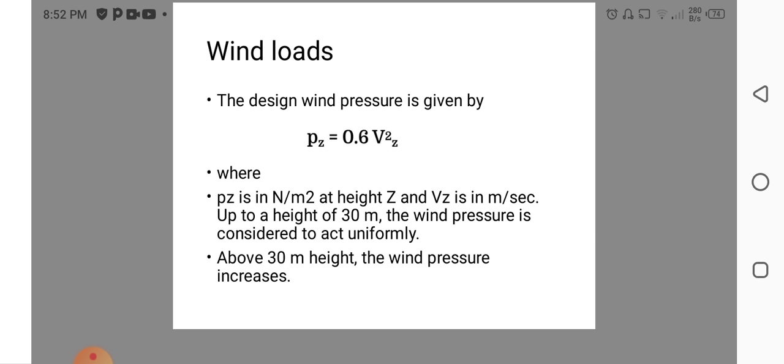Design wind pressure is given by 0.6 Vz squared. For heights above 30 meters, wind pressure increases.